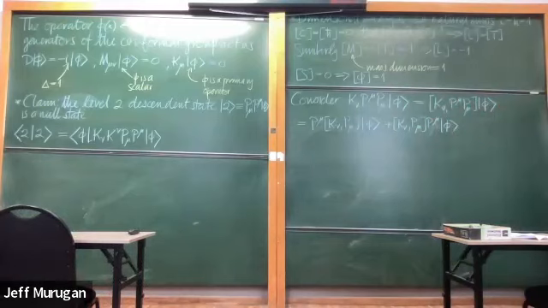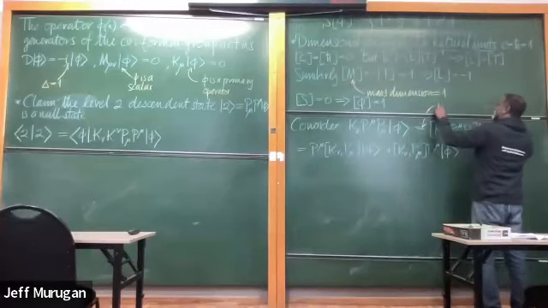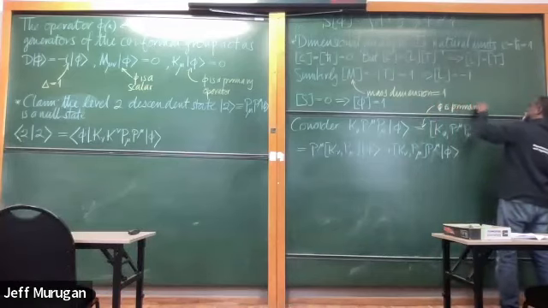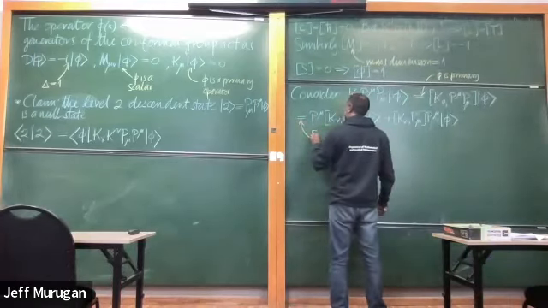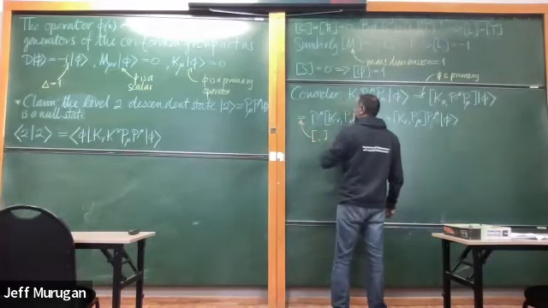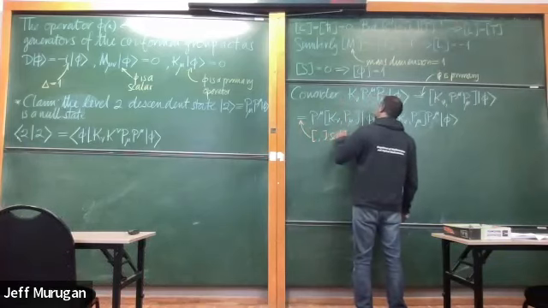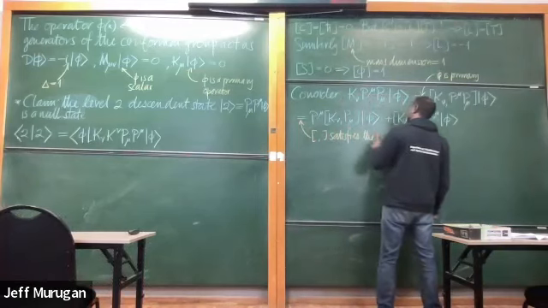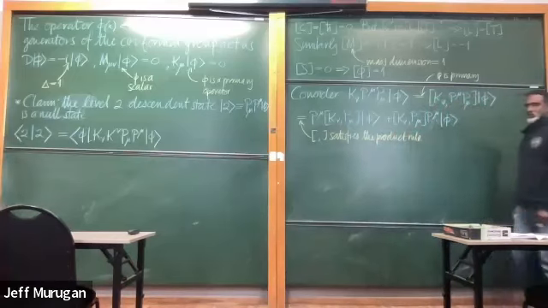So this comes from the fact that phi is primary. And this comes from the fact that the commutator satisfies the product rule. In other words, it's a derivation.